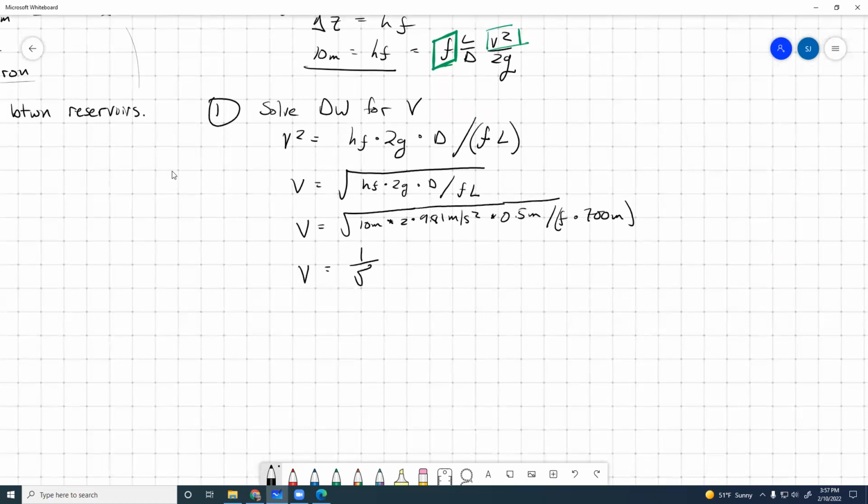We get 1 over square root of F times 0.374 meters per second. So when we're working with multiple equations, it makes sense to reduce and simplify them, because you're going to be punching these numbers in a calculator a couple times.